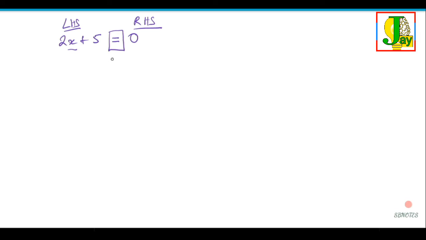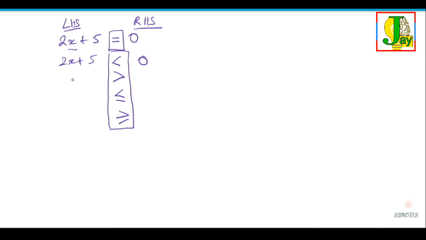Now, if in place of the equality sign, we write any other sign like an inequality sign, what are these inequality signs? Less than, greater than, less than equal to, greater than equal to. These are the four signs of inequality. So we may write the same equation with the help of these signs.